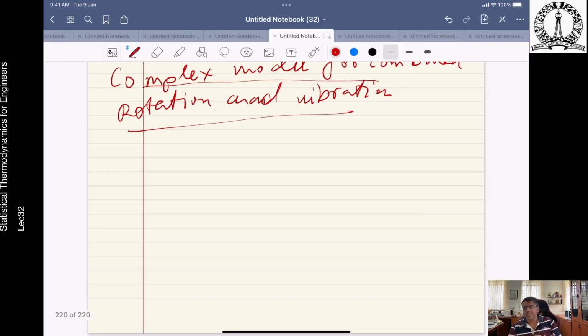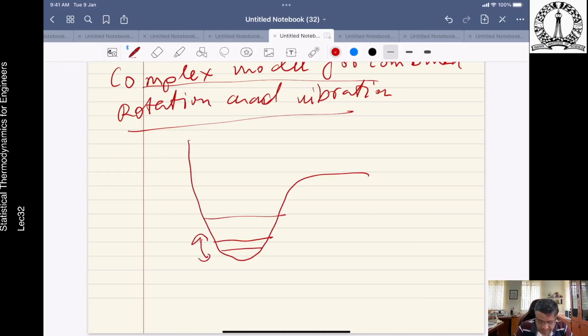We also saw that the harmonic oscillator was a good approximation of the Morse potential only at lower vibrational energies, towards the bottom of the well. As we go higher and higher within that well for a particular electronic level, it is not a good approximation.